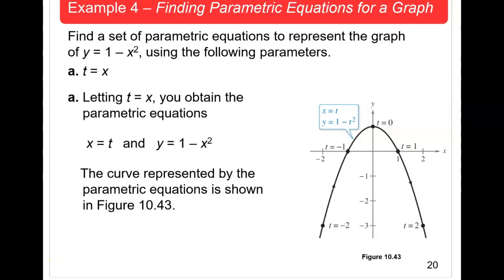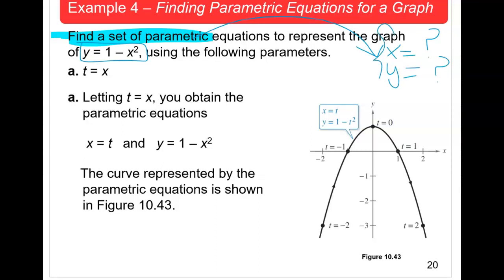So we start with a rectangular equation, and that is here. And the question is, find the set of parametric equations. So you already know that what that means is we have to find something of x equals and y equals, and they're both going to be functions of t. T is the input. So we start by using the easiest substitution ever, which will be let t equal x.